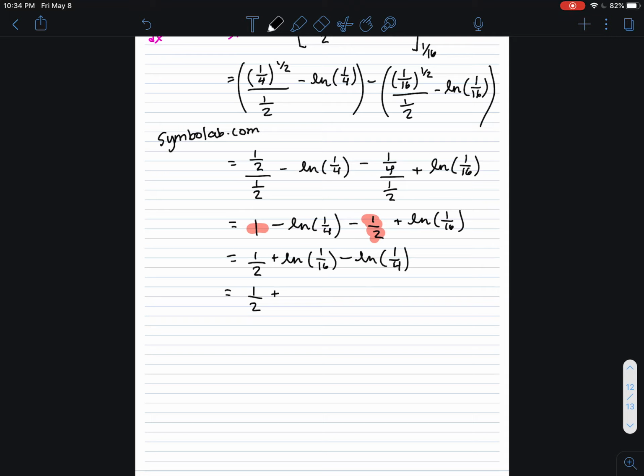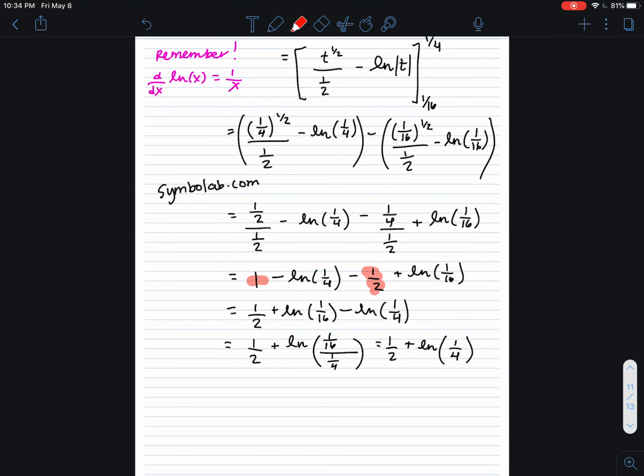But the natural log of something minus the natural log of something else is the same as the natural log of the one that was positive divided by the one that was negative, which we can simplify to 1/2 plus the natural log of 1/4. Okay, so that would be your final answer.